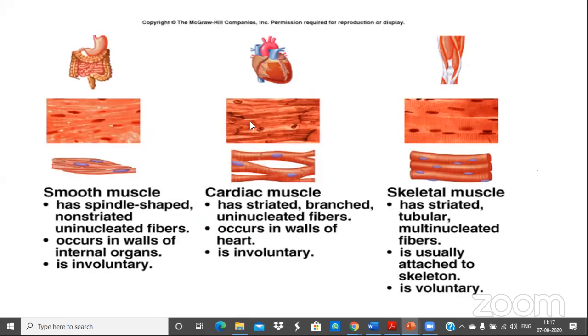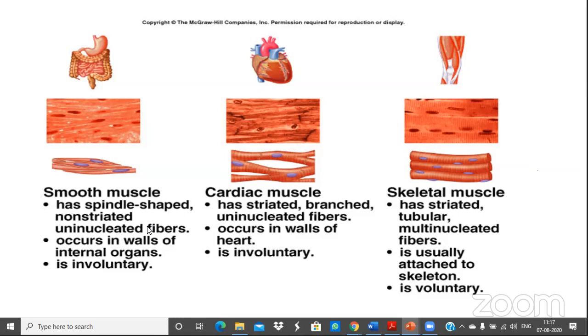Now look at this here. The shape you should write: anatomy deals with the structure. So whenever you write something, you should talk about the anatomical structure of the particular part or organ. Here, spindle-shaped, uninucleated fibers. What does uninucleated mean?